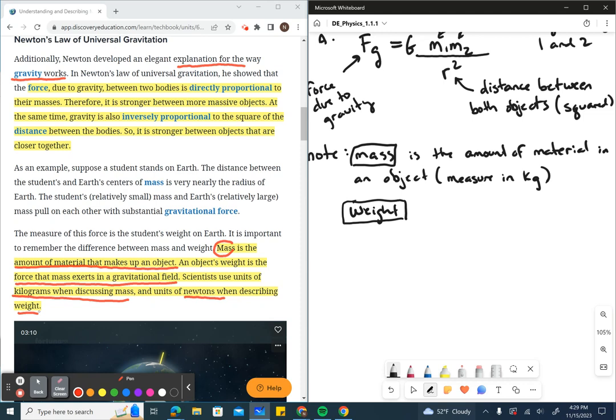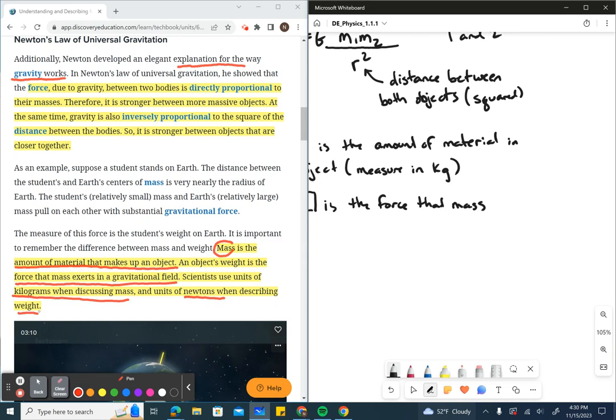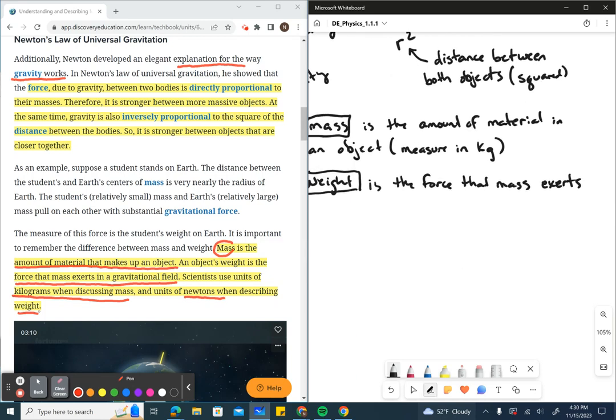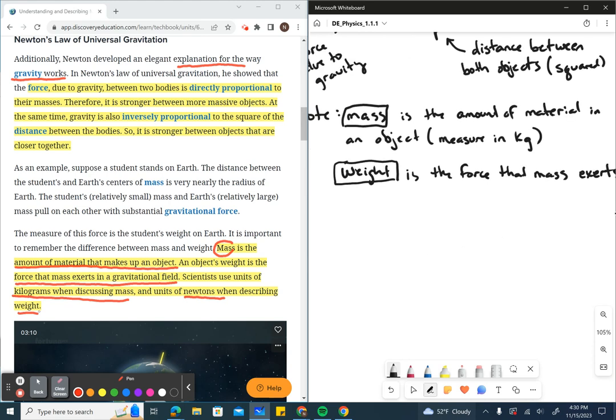It is the force that mass exerts in a gravitational field.